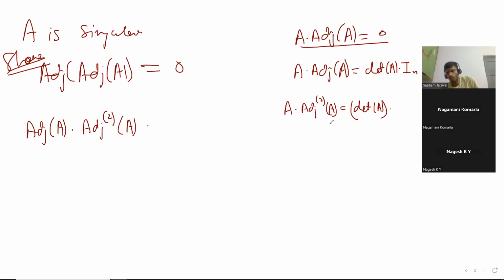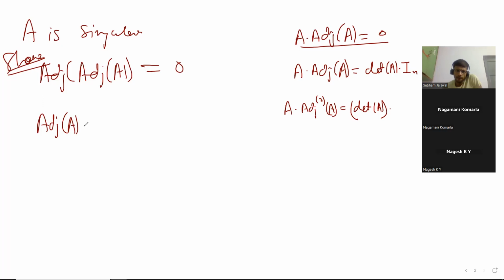I did not understand. So now we have adjoint of A times adjoint of A, after multiplying on the left.